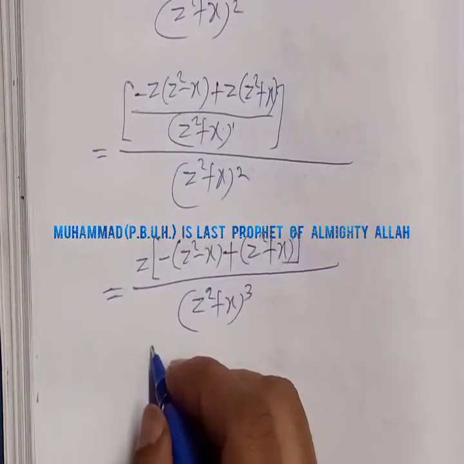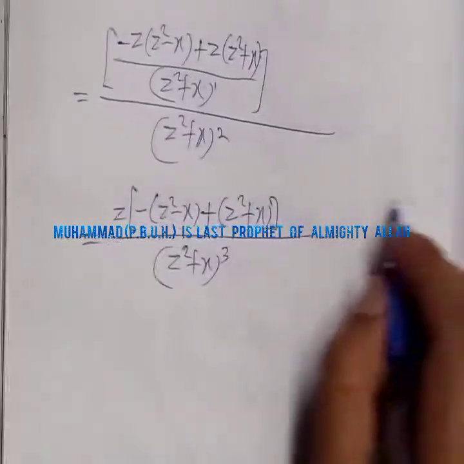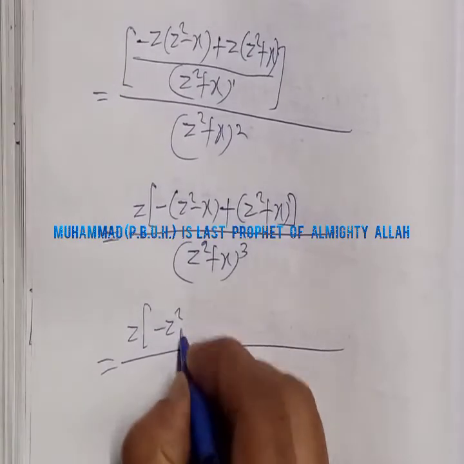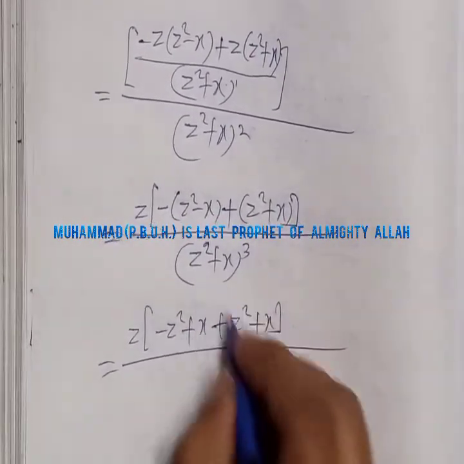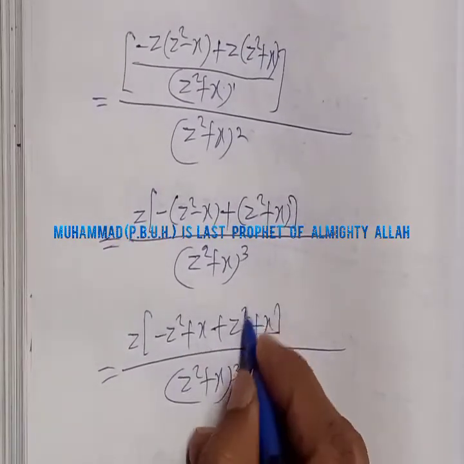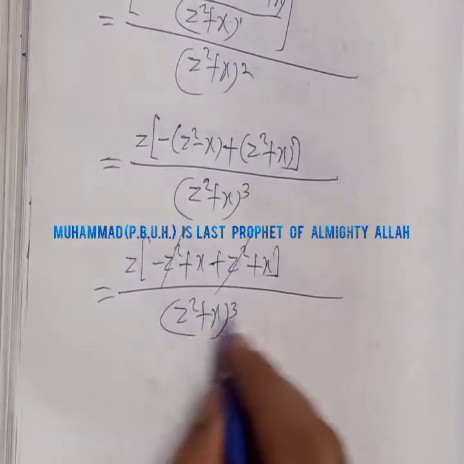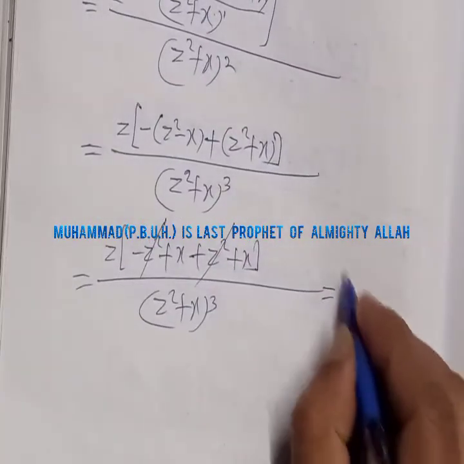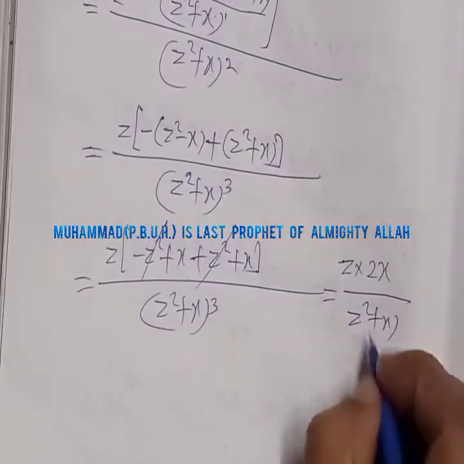On opening the bracket, we get minus z square plus x plus z square plus x whole upon z square plus x whole cube. Here z square plus and z square minus cancel out, only we get 2x, z into 2x upon z square plus x whole cube.